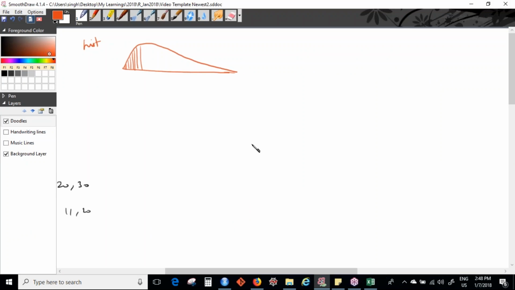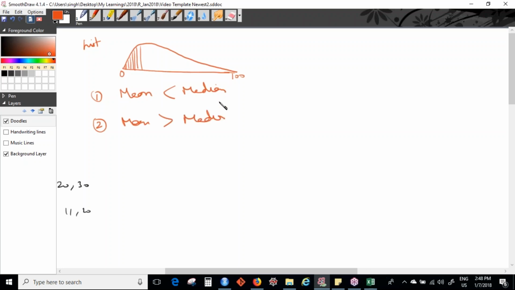So imagine this is a histogram. Now where do you think the median lies in this histogram? Let's say the values start from 0 and go till 100. I'll give you two conditions and you tell me which is correct: one, mean is less than median, or two, mean is greater than median.